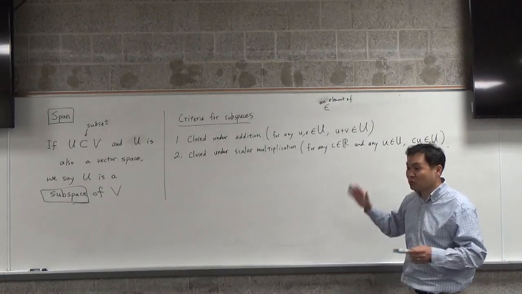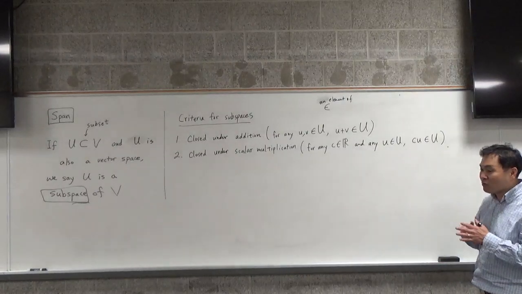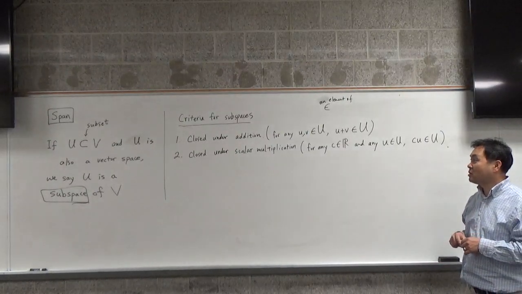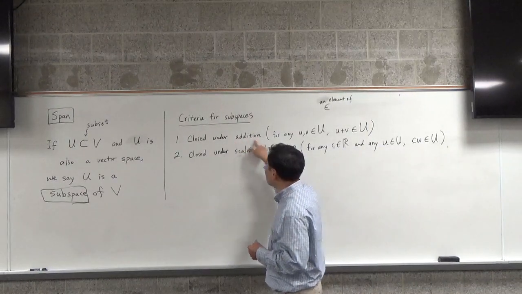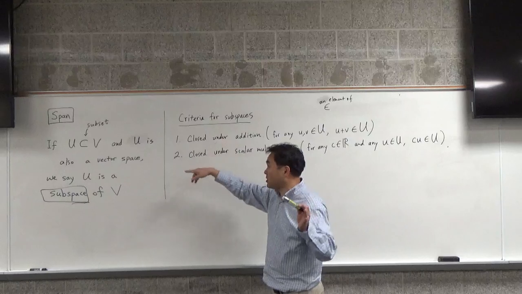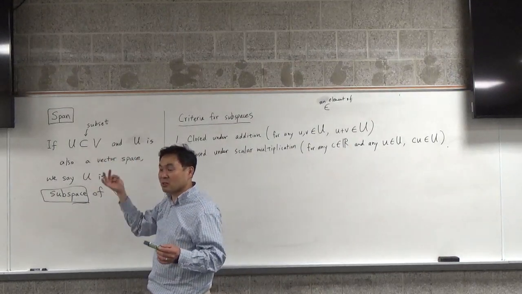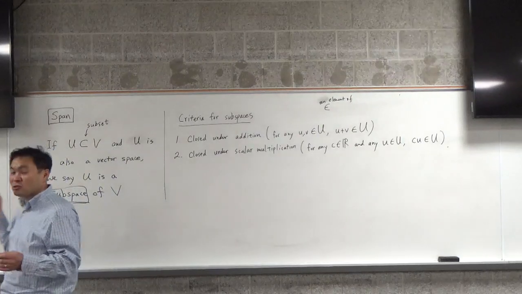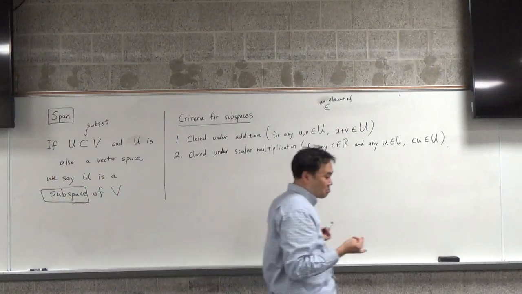Now, I don't want to go into too much detail, but let's quickly go over why. First, because the addition itself is from the bigger space V, it's already associative, commutative, and has a distributive property with the scalar.